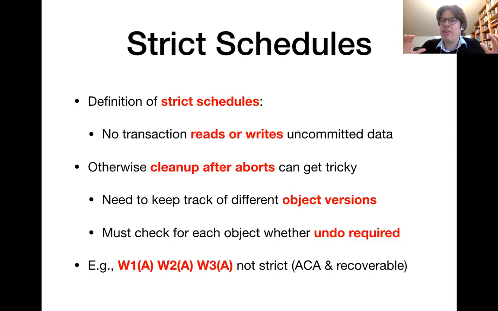Also, when, for instance, aborting one transaction and undoing values for an object, reverting them back to the original value, I need to verify whether the current value of the object is actually invalid and whether I really need to undo it. So generally, having multiple transactions write to the same object where all those transactions have not yet committed, that can create some complications in the cleanup.